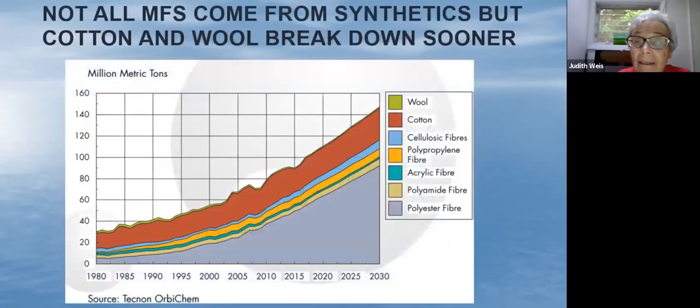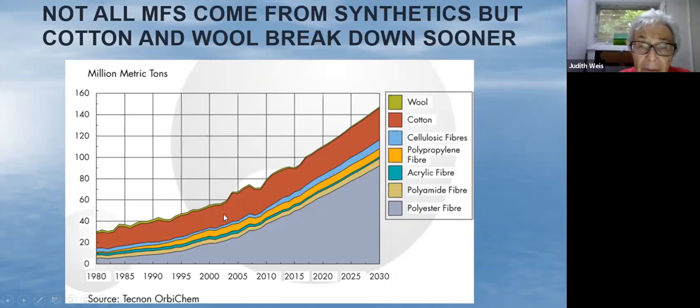We can just say that not all microfibers come from synthetics. You can see here, starting in 1980, and the gray is the increase in production from different kinds of fibers. And this is the polyester, which is now by far the greatest.